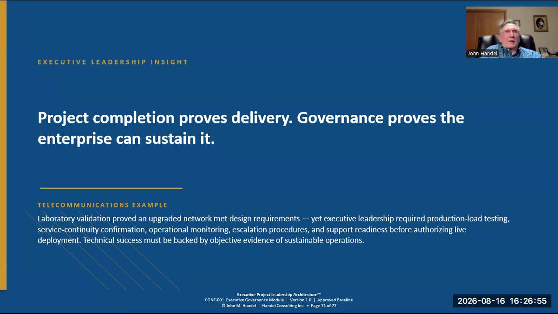Then maybe it's not a big deal. But if you're supporting something that's tied to a bigger network outside of your company, that supports a large host of customers, and if it goes down, you're impacting all of those customers and interfaces. So that's why governance proves the enterprise can sustain it.